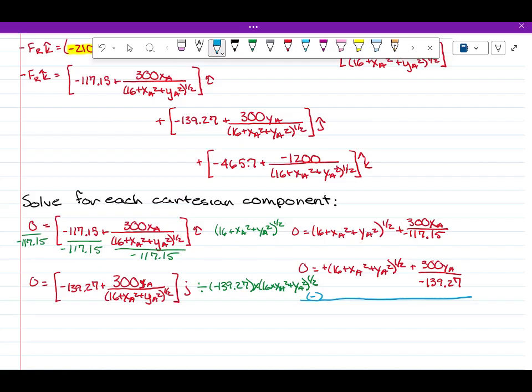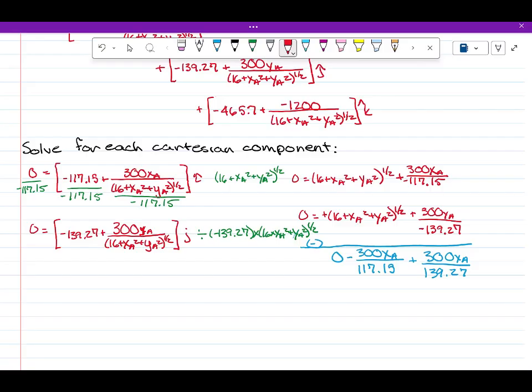I'm going to simultaneously solve these equations by subtracting the second equation from the first equation. When I do that, I get 0 equals 16 plus xa squared plus ya squared to the power of 1/2 minus the same, which gives me 0, then minus 300 xa over 117.15 plus 300 ya over 139.27.